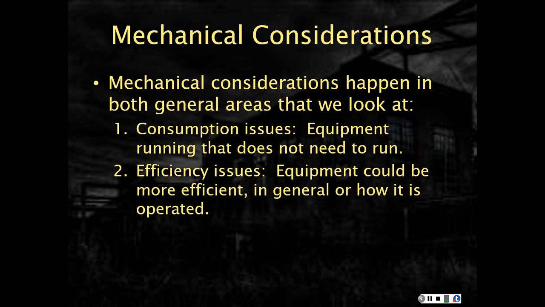The equipment could be more efficient. So this happens to be in the realm of the equipment's EER or COP or the SEER rating. So these things are efficiency issues. But again, mechanical issues fall in both consumption and efficiency.